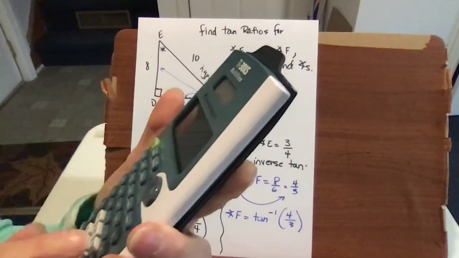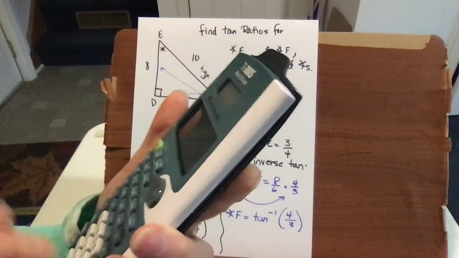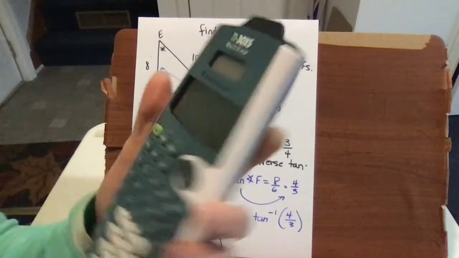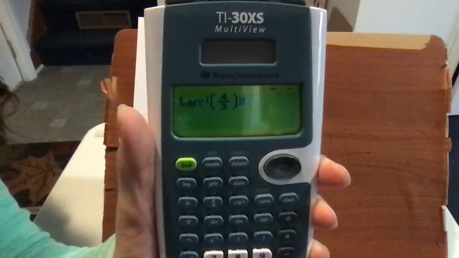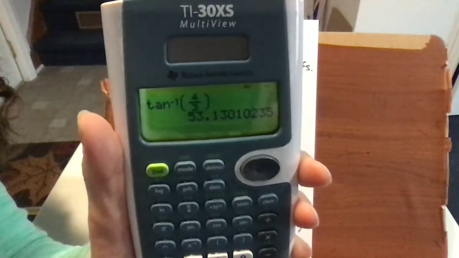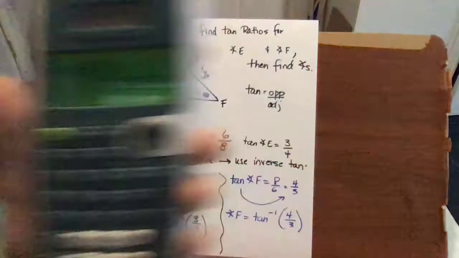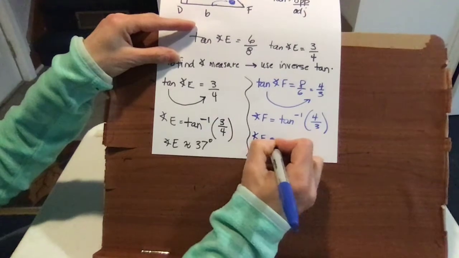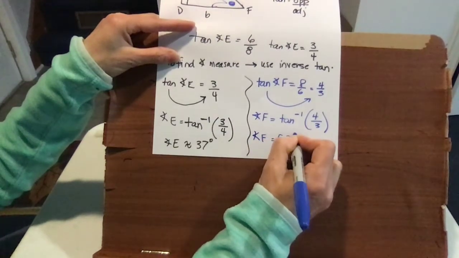Okay, so second tangent of 4/3. All right, and that's what you should have. Hit enter, and you're going to get about 53 degrees, because rounding it to the nearest degree, it's 53.1, so 53 degrees. So angle F is going to be 53 degrees.